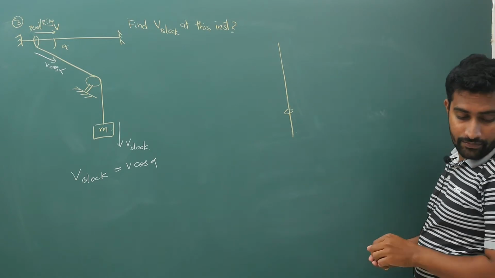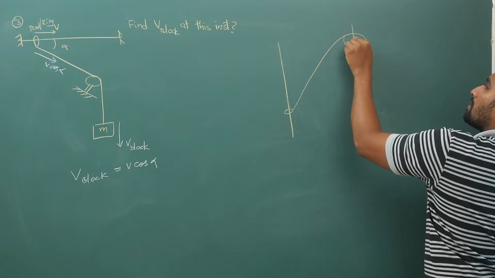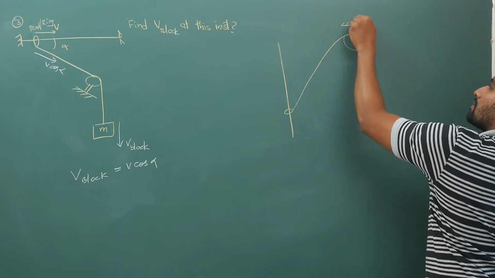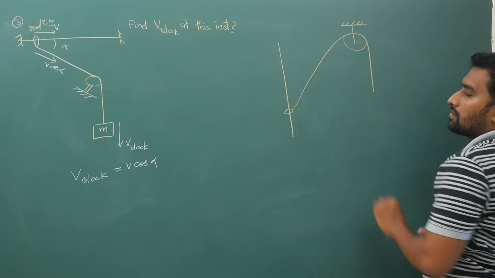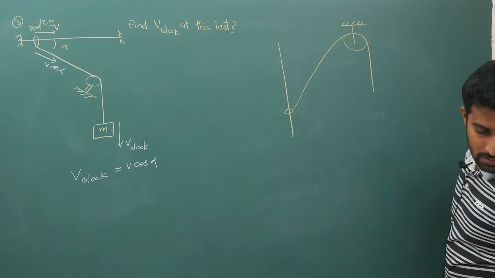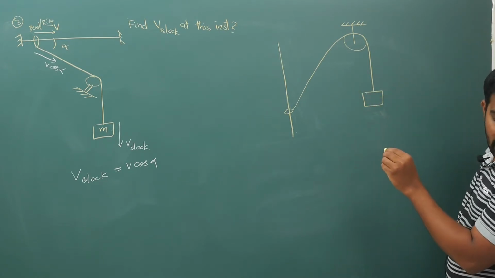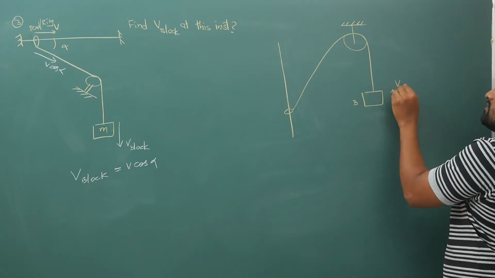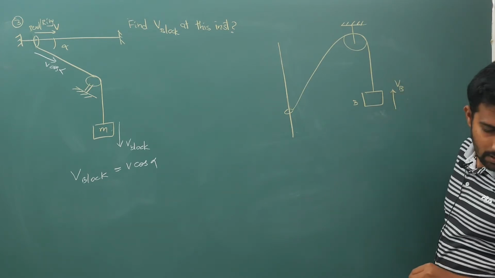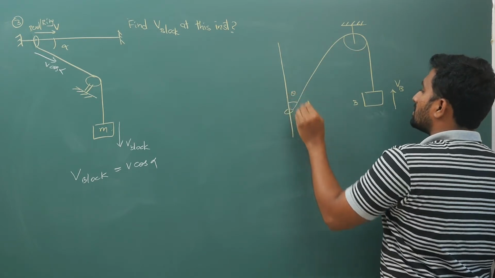You have a block, it moves with velocity Vb this way. There is a bead, this angle is theta.